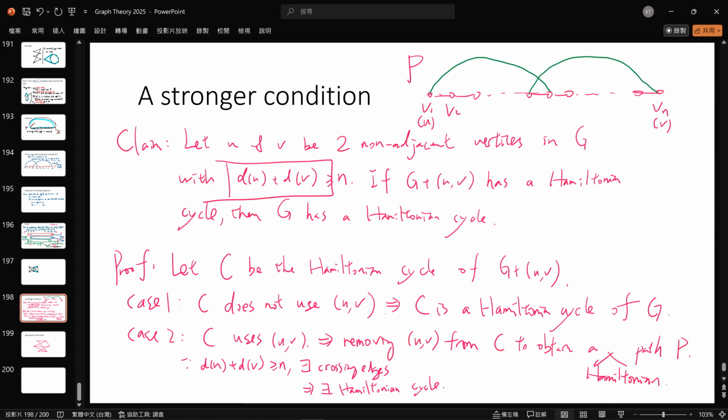To apply this claim, we have to find two non-adjacent vertices such that the degree sum is at least n, and then we can add one edge between these two vertices.